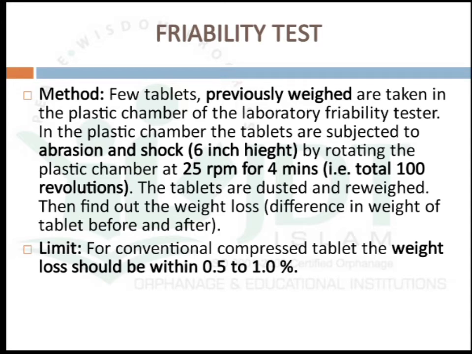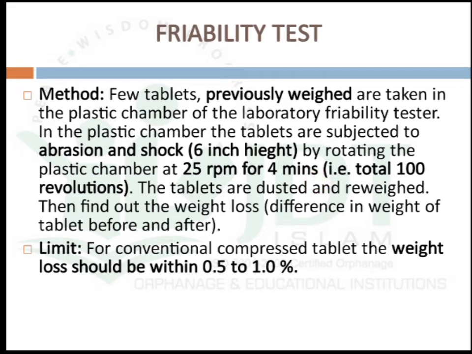Now, the procedure for the friability test. We take a specified number of tablets which are previously weighed, and place them in the plastic chamber of the laboratory friability tester. In the plastic chamber, the tablets are subjected to abrasion and shock from a height of 6 inches by the rotation of this chamber for 4 minutes, that means a total of 100 revolutions.